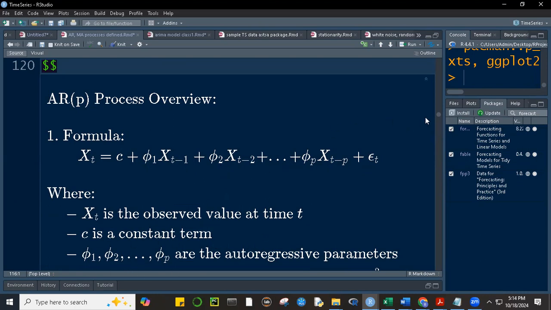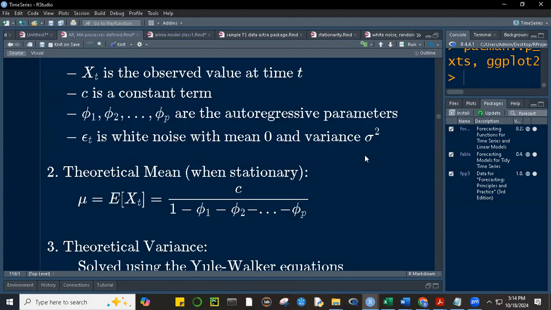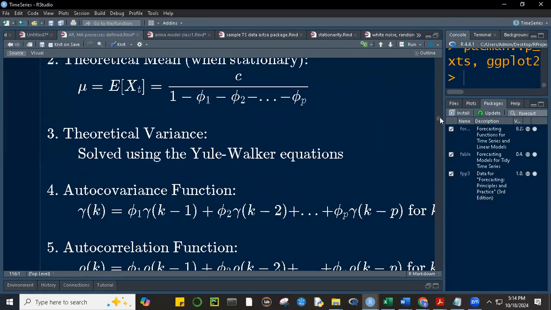Also, we can compute the theoretical mean, which is c over 1 minus phi1, phi2, etc. The theoretical variance is a bit complicated and makes use of what we call the Yule-Walker equations. Later, class, when we reach the partial autocorrelation function, I'm going to discuss these Yule-Walker equations.